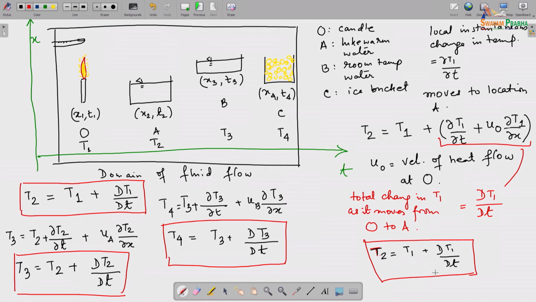Now, when I do this, how am I looking at the flow? This is like asking you the reverse kind of a question. What is my reference frame?